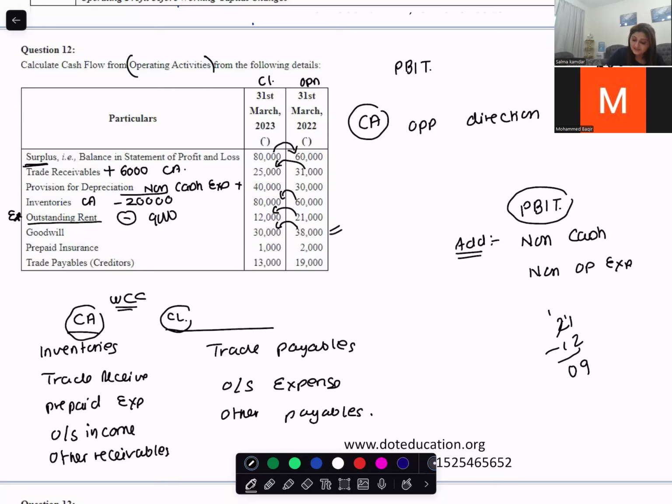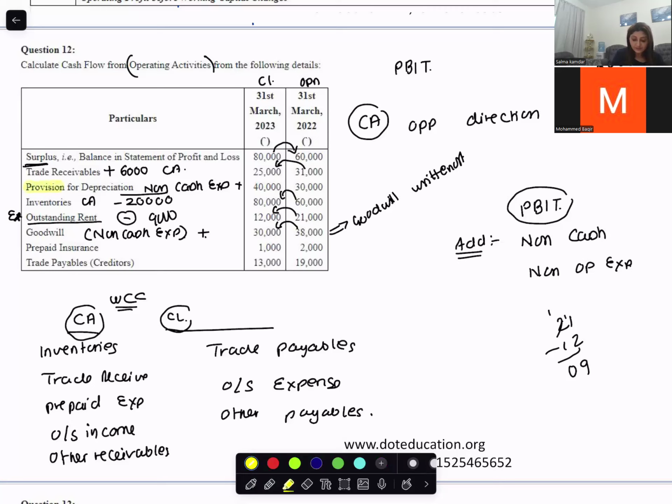Whenever goodwill is decreasing, it is called goodwill amortized or goodwill written off. So it is a non-cash, non-operating expense, so it will be added the way you add depreciation.